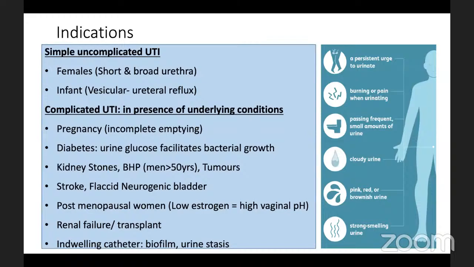Now, for urine infection, anything that will cause stasis of the urine through any part of the urinary tract. So urine is moving from the kidney through the ureter to the bladder, through the urethra out. So anything that will hold the urine or cause the urine to stop flowing, or cause stasis, reduce flow of the urine.